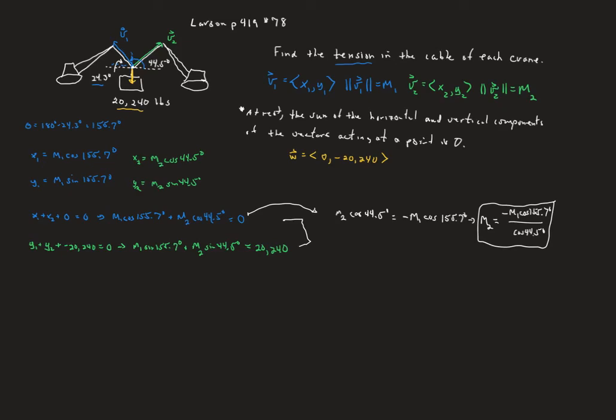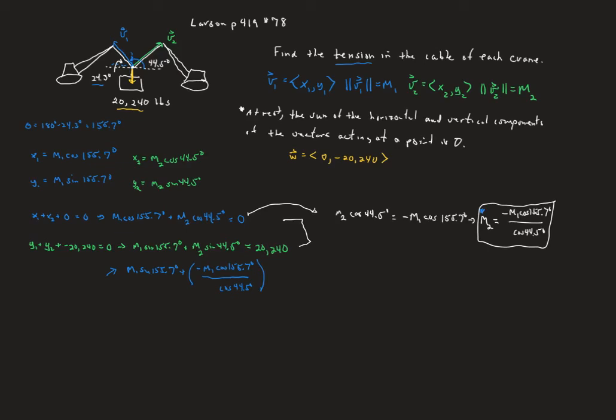I'm going to take that over to my second equation, and now I'm going to substitute this expression in for the m2. So I'm going to leave the m1 sine of 155.7 degrees plus, now I'm going to replace that m2 by a negative m1 cosine of 155.7 degrees over cosine of 44.5 degrees.